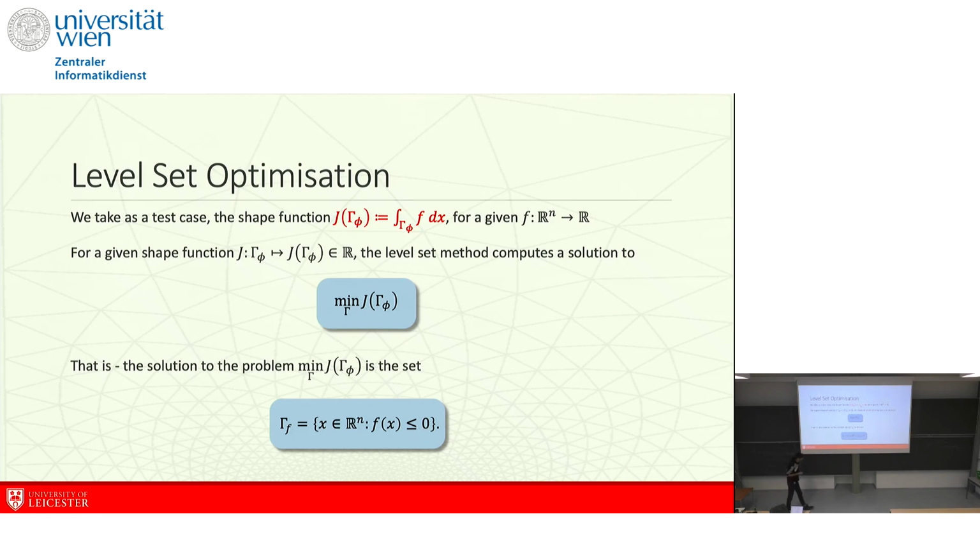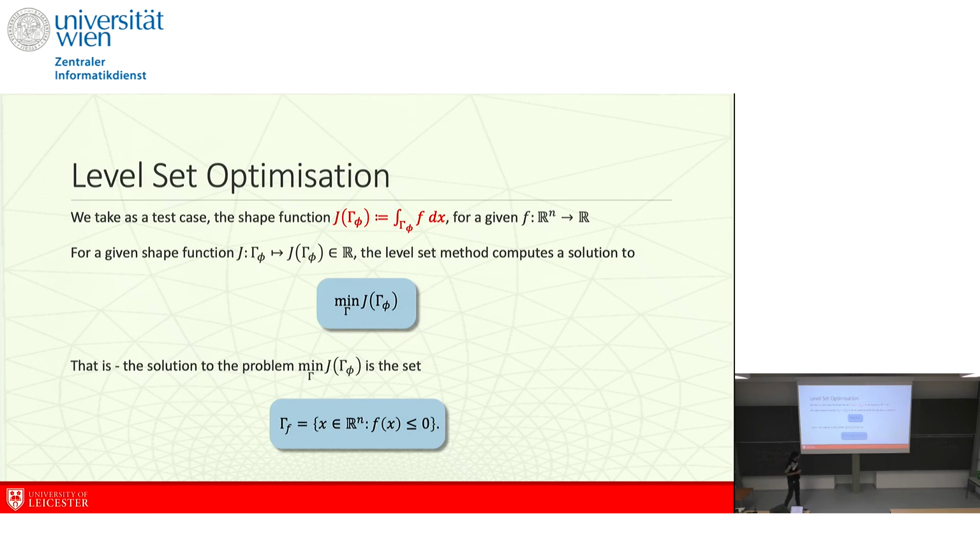So what we've been doing so far is we've been using this test case of our shape function equaling some arbitrary real-valued function. And we said that the level set method computes the solution to this minimization problem.